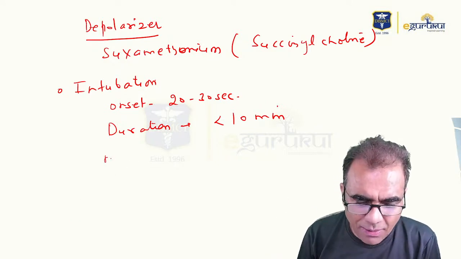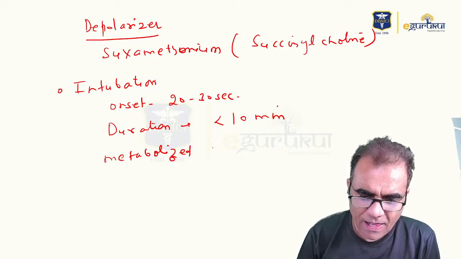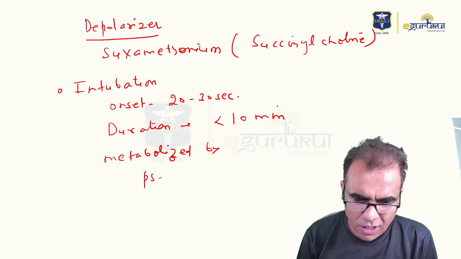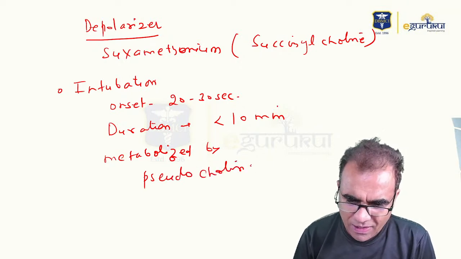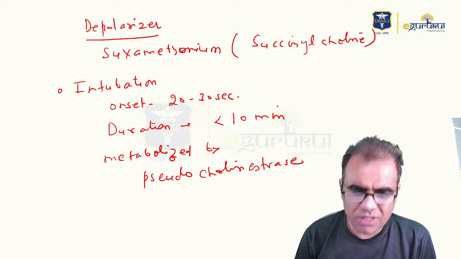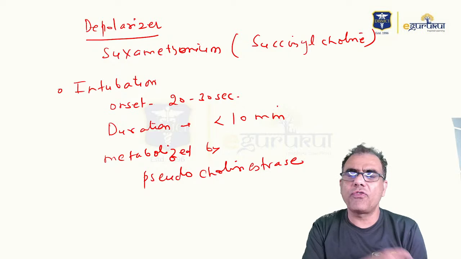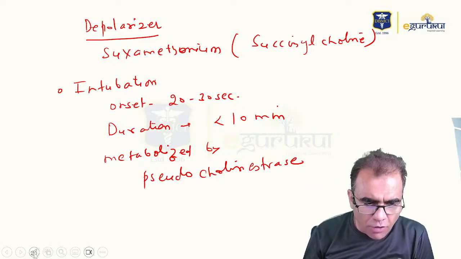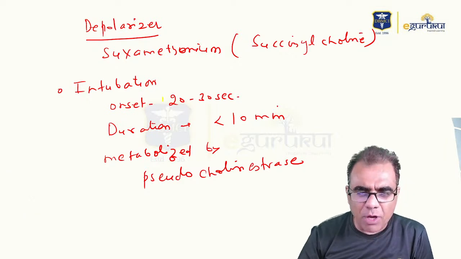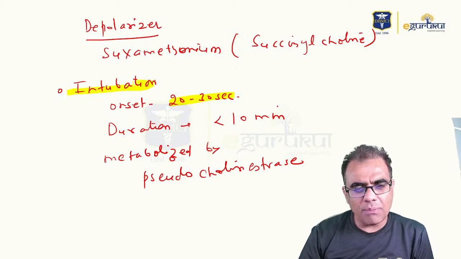Because it is metabolized rapidly by plasma pseudocholinesterase. So because of the short duration and the faster onset, succinylcholine is used in anesthesia for intubation.